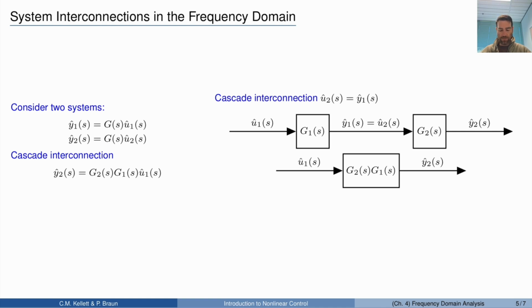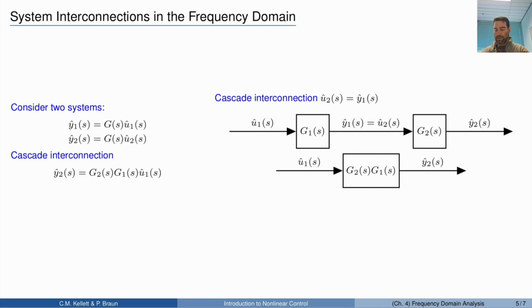So, for example, if we have two systems here, where we have an input U1, corresponding transfer function leading to an output, and we assume we have this cascade interconnection where the output of one system is the input to the next system, then it is straightforward to calculate the system dynamics from U1 to the output Y2 simply by multiplying the two transfer functions.